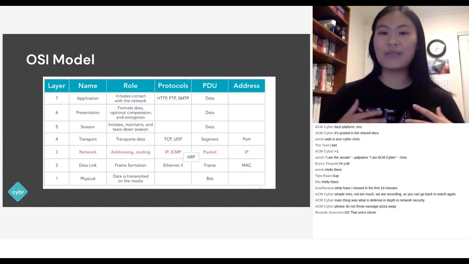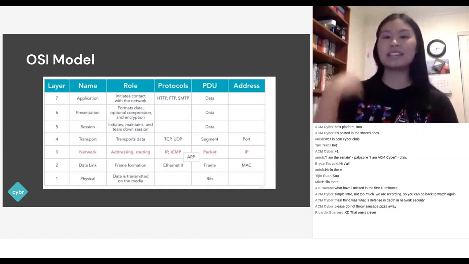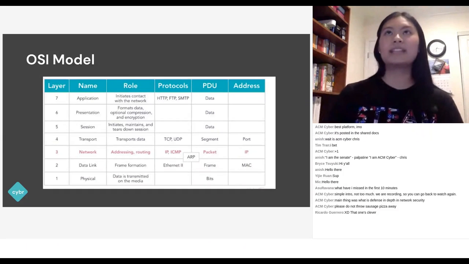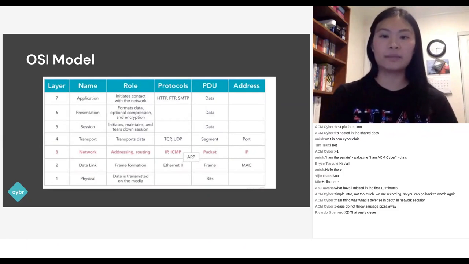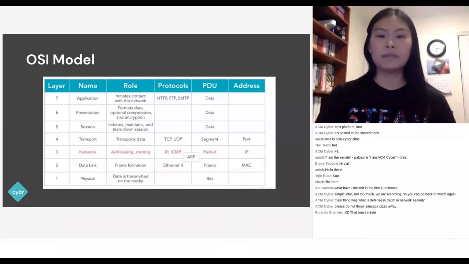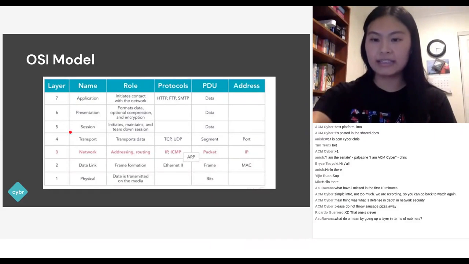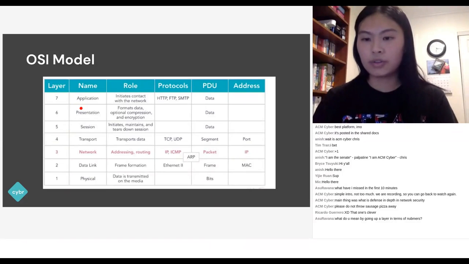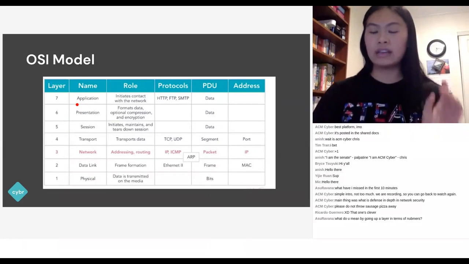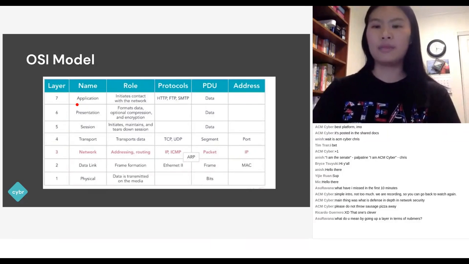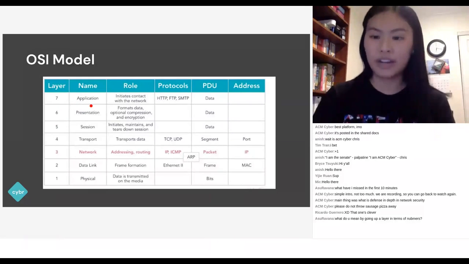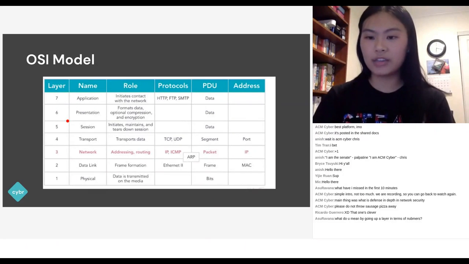This is a lot of information to absorb, but I can give you a big picture, right? It's basically if you want to send an email to your friend, per se. If you send an email, you start from the application layer and then your data gets packetized down. So you send your email, let's say you use Hotmail or Gmail, through the application, and then your data goes down the layers.